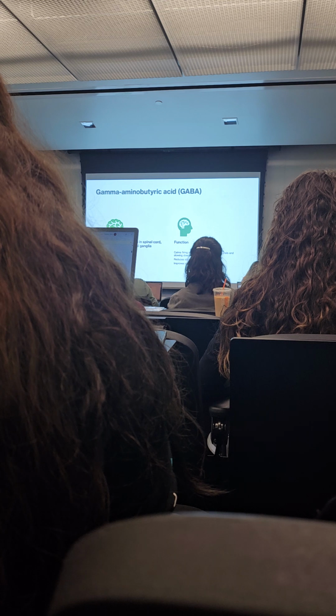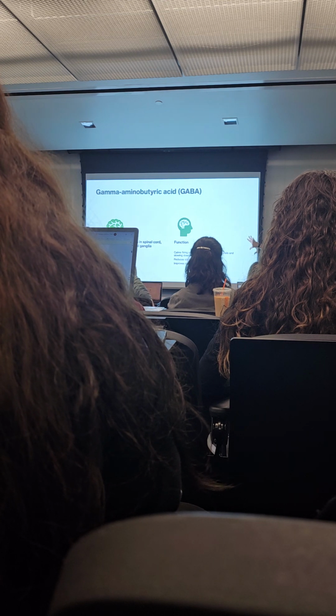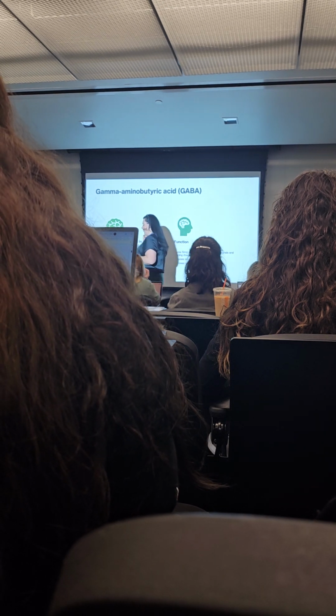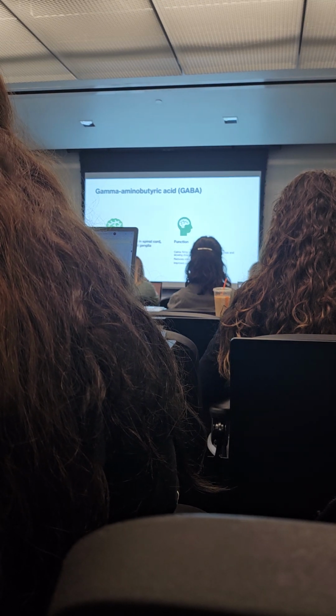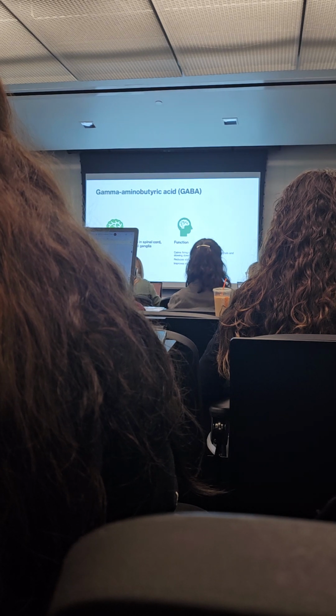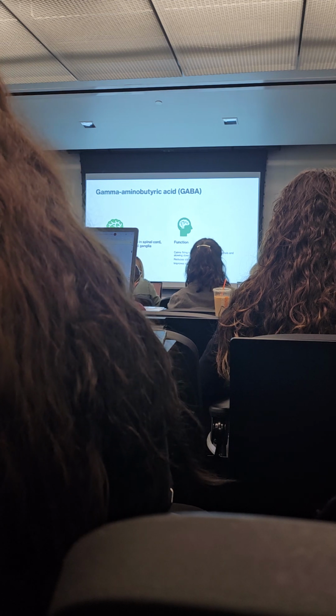It binds specifically to those receptors in the synapse to block these signals. It's literally like your emergency brake. We're going to talk about glutamate in a minute, but GABA is the opposite of glutamate, but it also comes from glutamate, right? It's a very delicate balance.